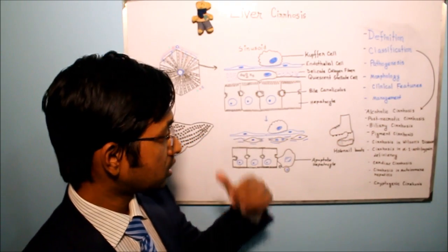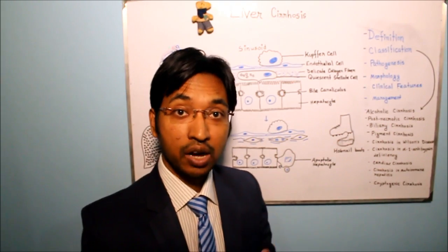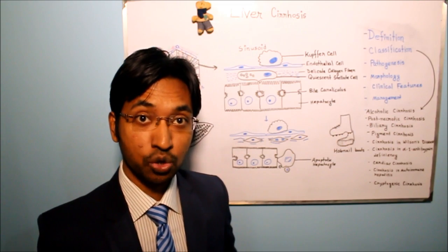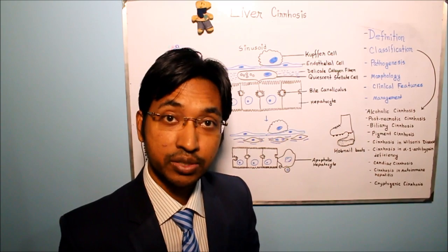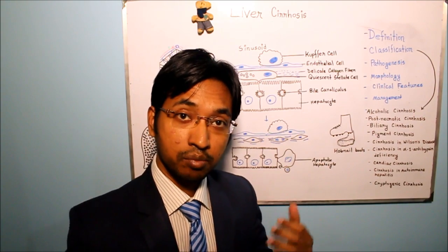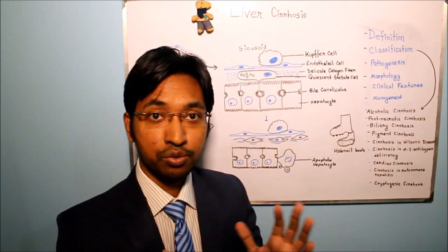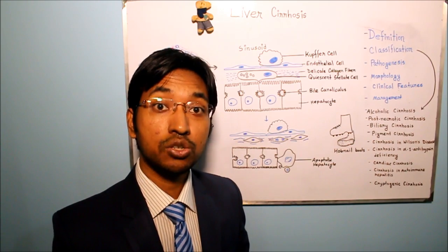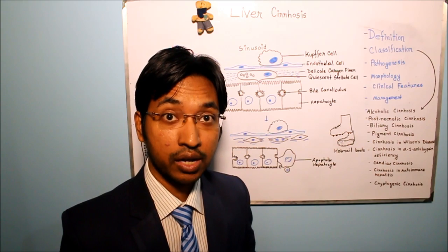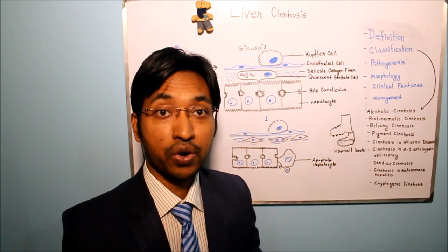Now all these things are happening against a background of liver injury. So there is also hepatocyte death. Liver cells are dying either by apoptosis or via necrosis, and again the liver is trying to compensate for that by compensatory proliferation.